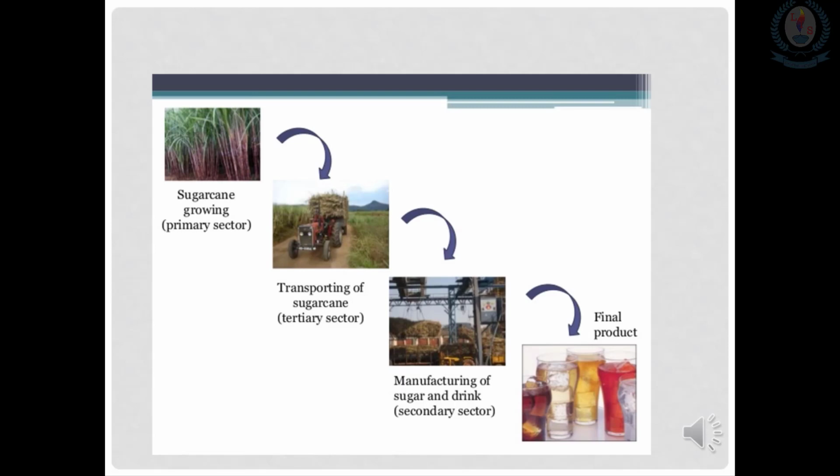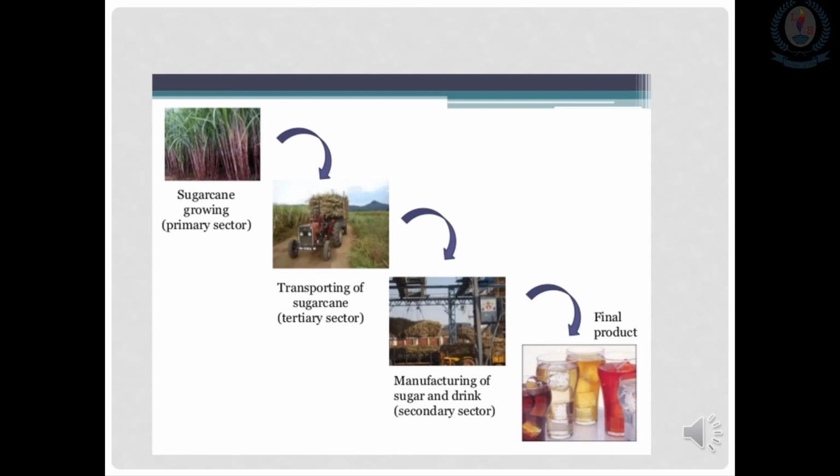Children, you can all see in this picture how the sectors are involved up until the final product. Sugarcane growing is in the primary sector. Transporting of sugarcane is a service that is in the tertiary sector.